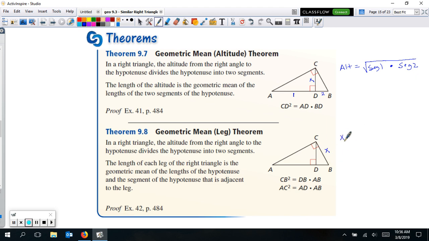So we could say x is equal to the square root of the whole entire hypotenuse. That's going to be the entire hypotenuse of the whole thing, because we have the altitude again splitting up our segment 1, segment 2. So we have to do the whole entire hypotenuse, so it's the square root of the hypotenuse times basically the other leg.